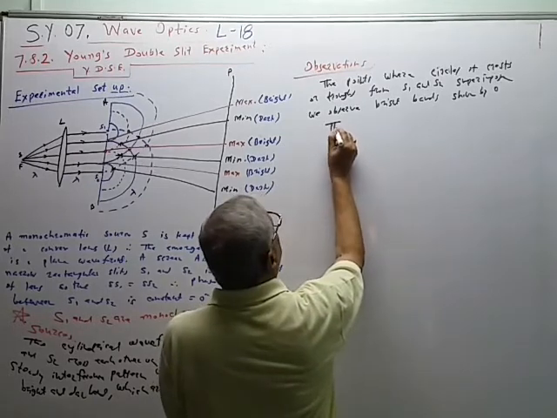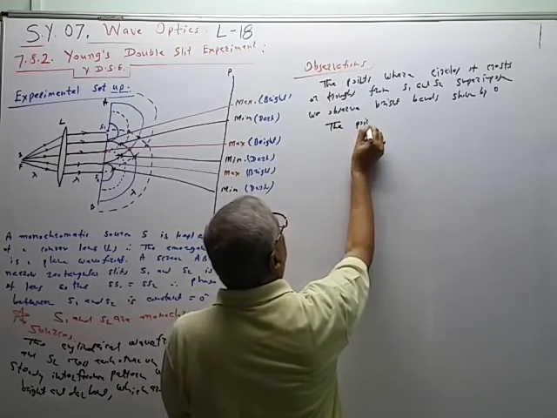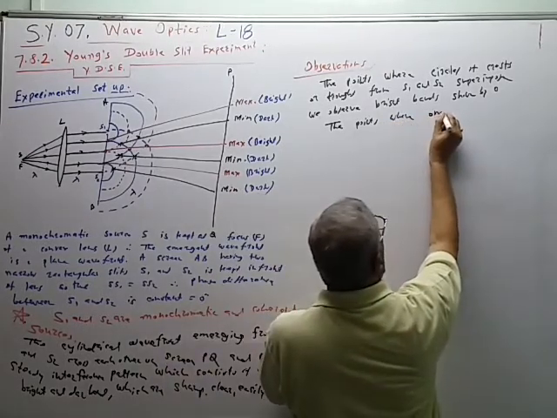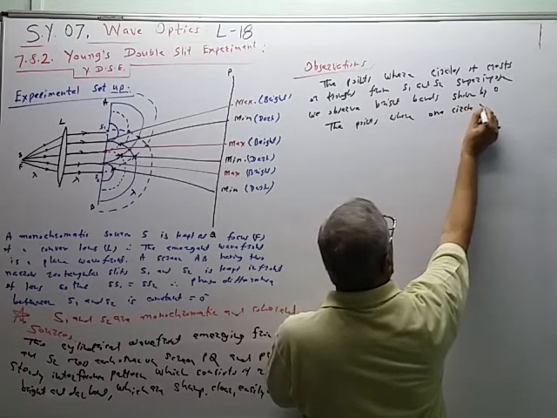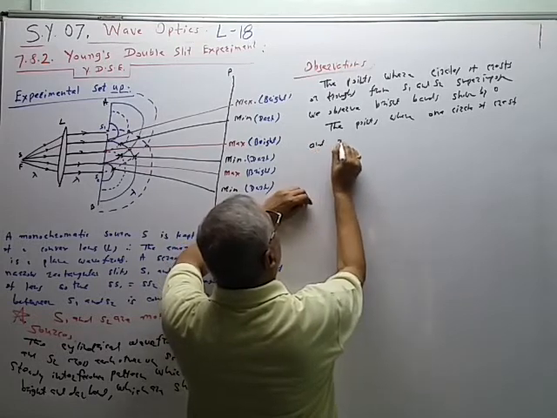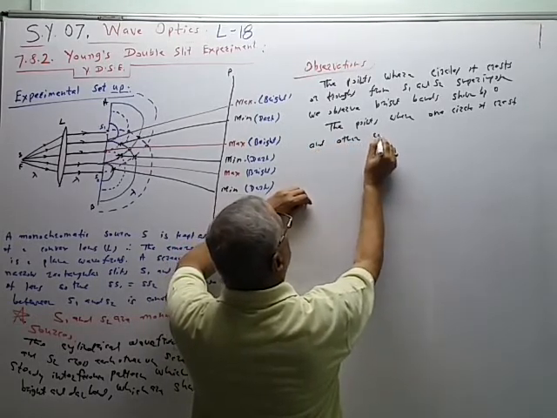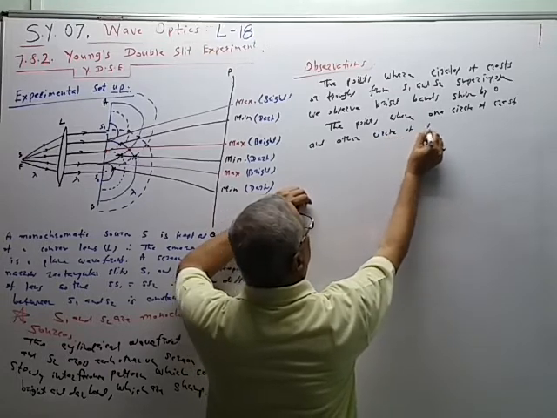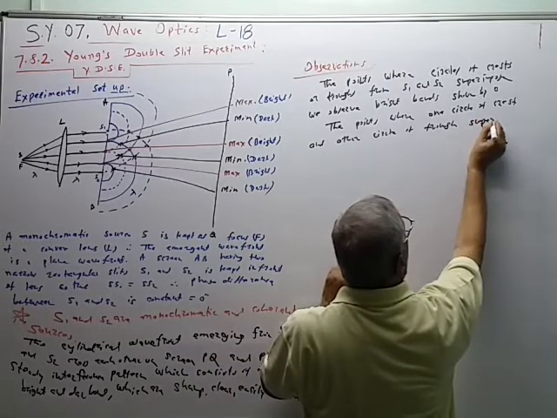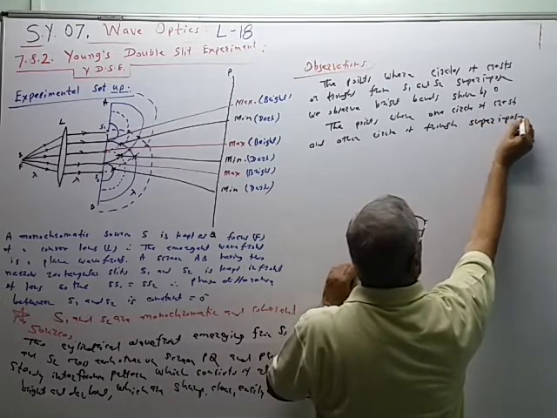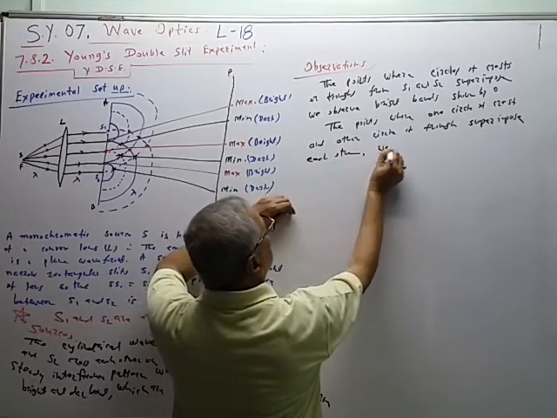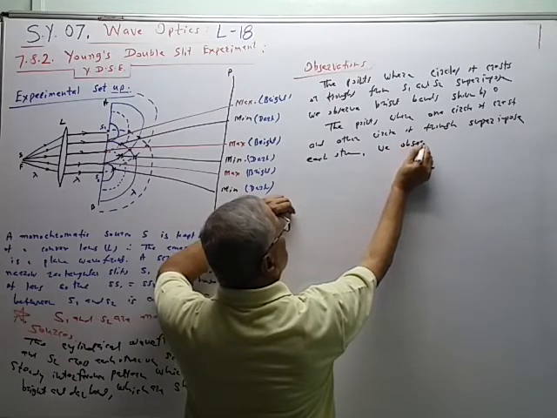The points where one circle of crest and the other circle of trough superimpose each other, we observe minimum intensity.